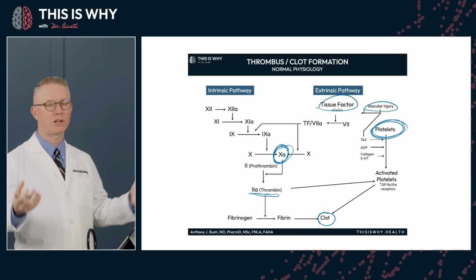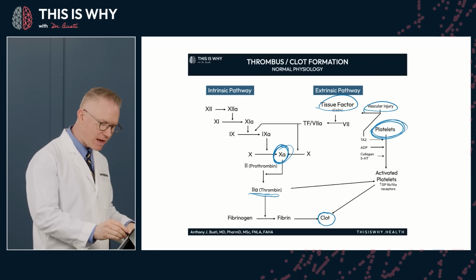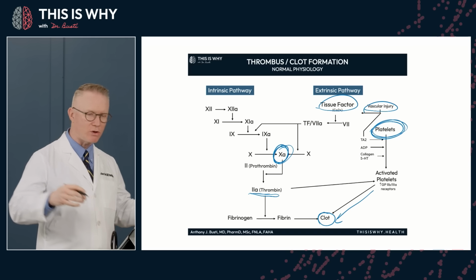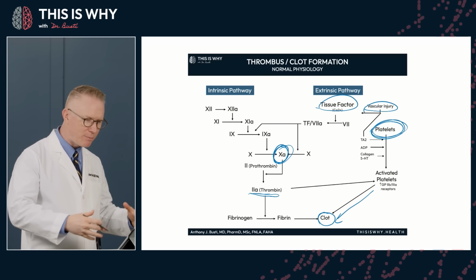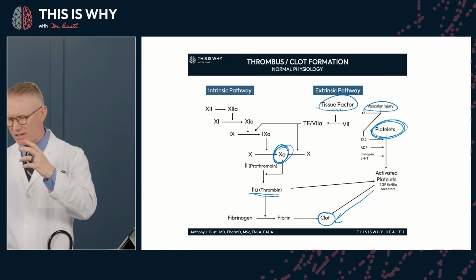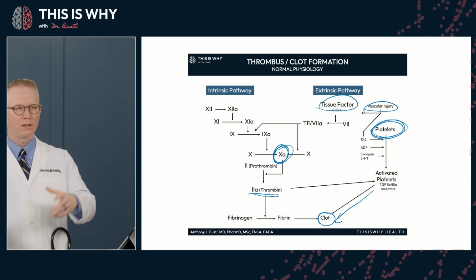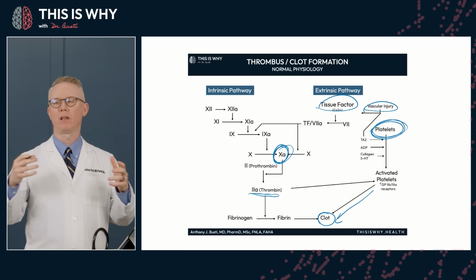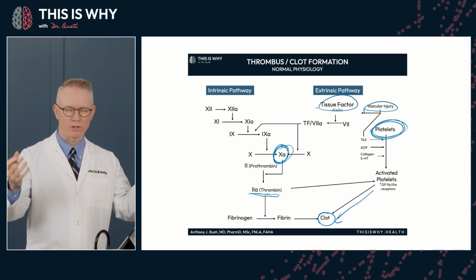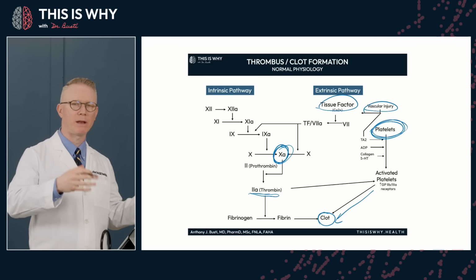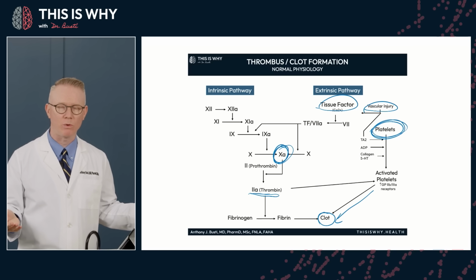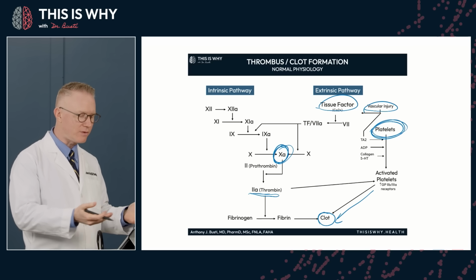They're activated, they start to aggregate. But remember, they feed into the clot as well. So clots are made up of red blood cells, fibrin, and platelets. The concentration and distribution of those components varies depending on where the clot was formed and what system was activated.